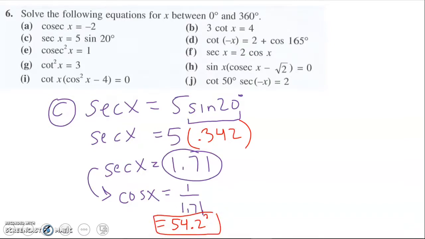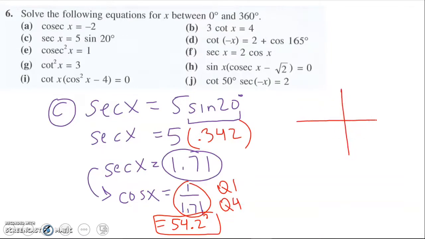Okay? That is also your base angle. And again, remind yourself, 1 over 1.71, so where is that positive for cosine? It's going to be positive in Q1. It's also going to be positive in Q4. Okay? So make your quick little sketch.